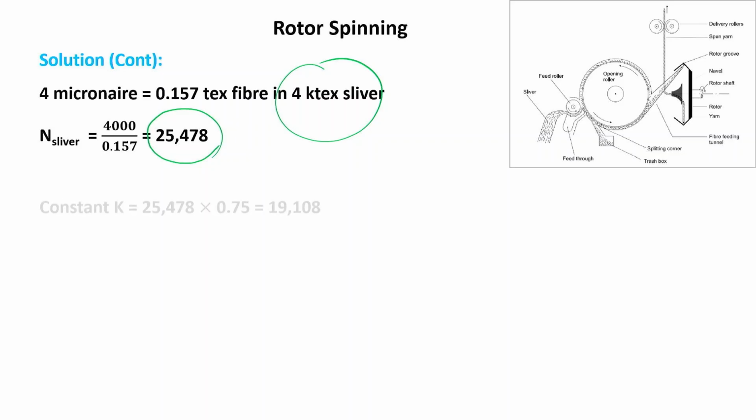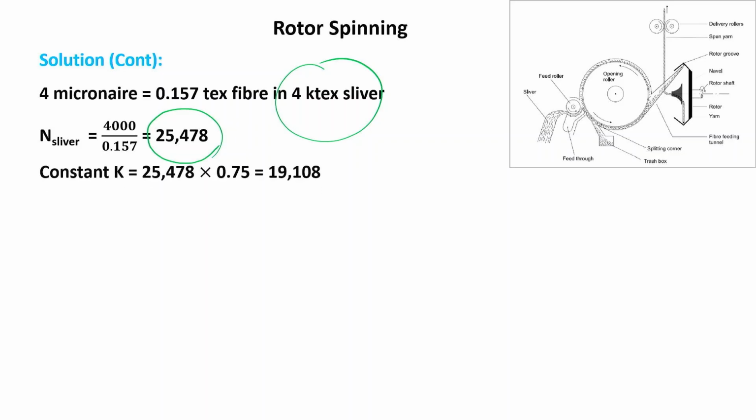So, the constant we can calculate from the sliver itself, because we know the speed at that point. 25,478 multiplied by 0.75 is 19,108, the constant. This constant is valid everywhere, even at the yarn stage and at the opening roller, it is valid.